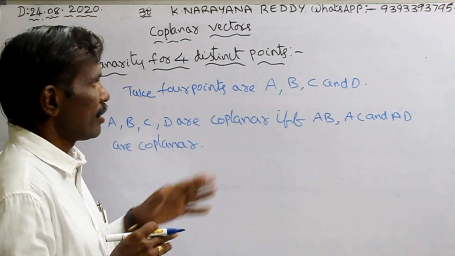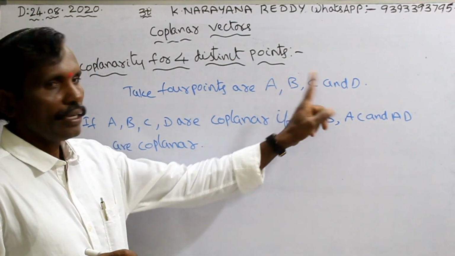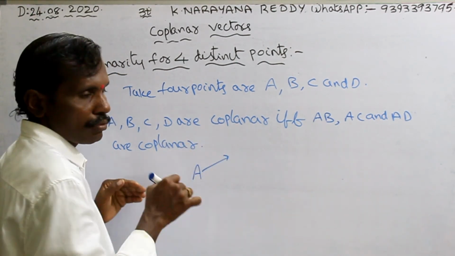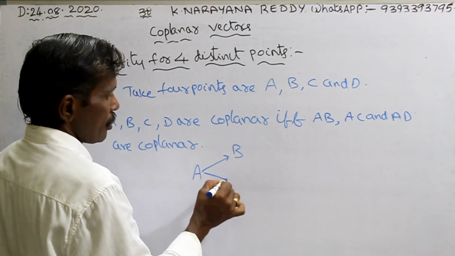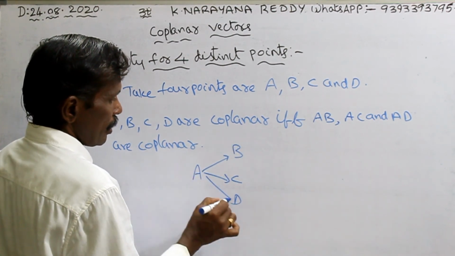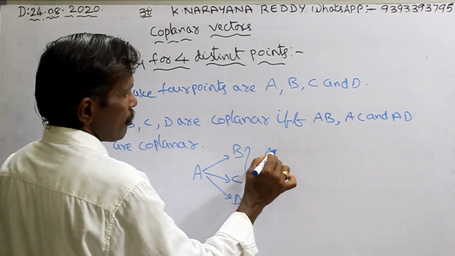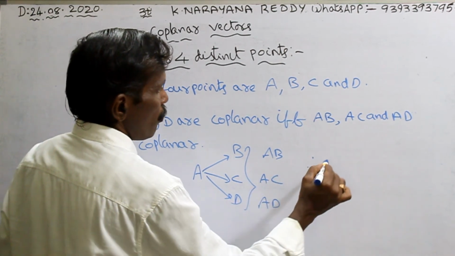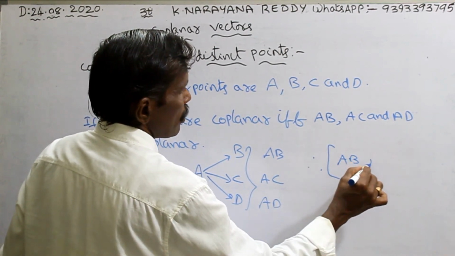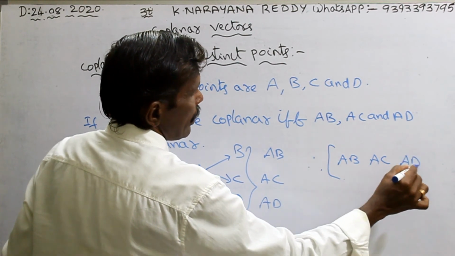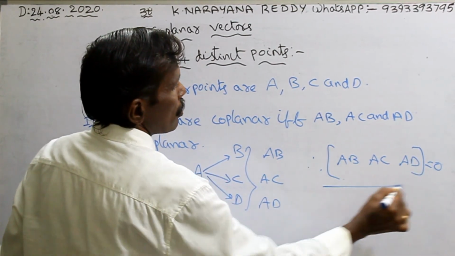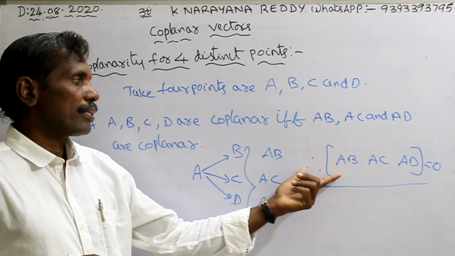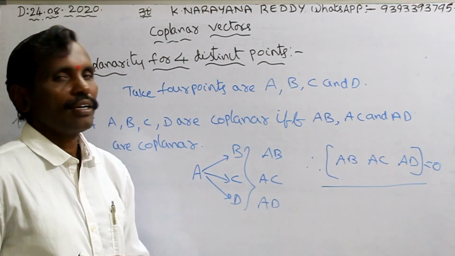That means, suppose you take A as a base point, and B, C, D. So AB, AC, AD. Therefore [AB AC AD] equals 0.